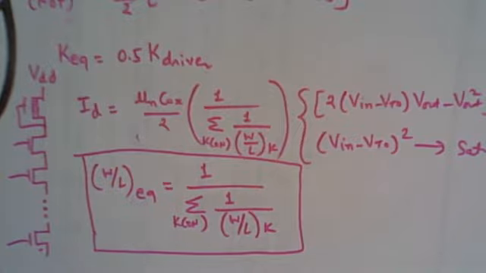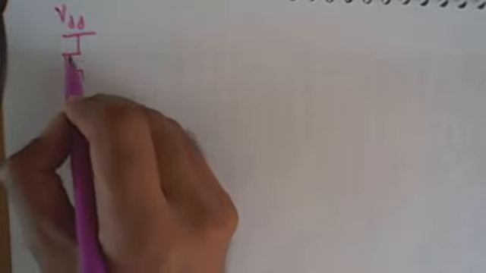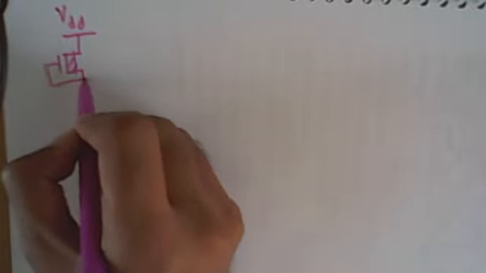So here we conclude that whenever there is a cascading connection of MOSFETs, it can be converted into a single MOSFET which has an equivalent W upon L, and this W upon L can be found using that formula, right?